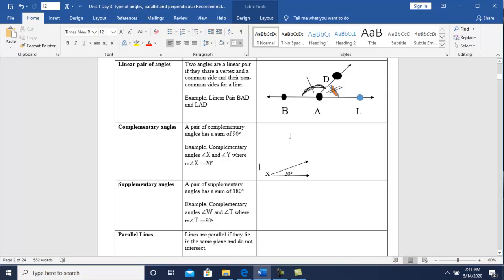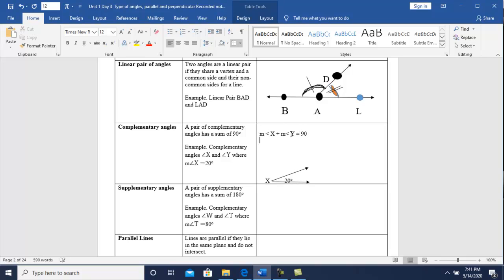Well, how would I figure out what the other angle is? Now remember, the measurement of angle X plus the measurement of angle Y has got to equal 90 degrees in this example.